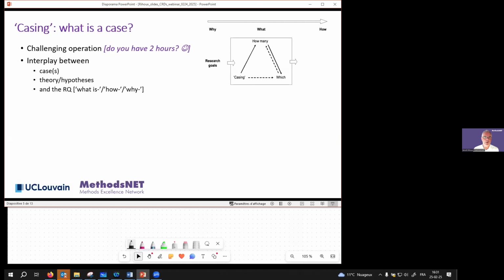That's pretty crucial. I also mentioned theories, of course, and hypotheses, because as you know, by definition, hypotheses are derived from theories or are contained in theories. Okay, so see this as a dynamic interplay, not as starting just from observation of some empirical reality, but think about it in a very abductive manner.